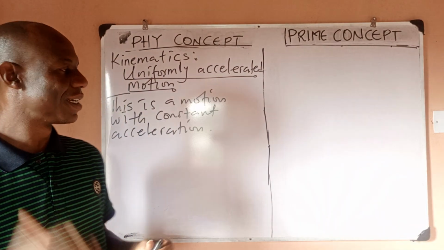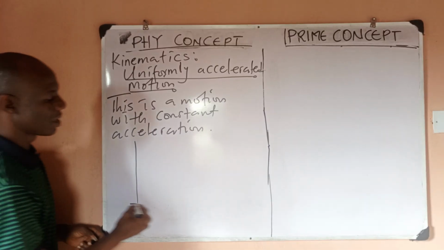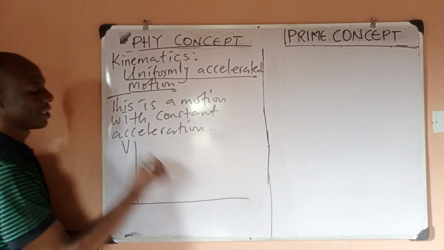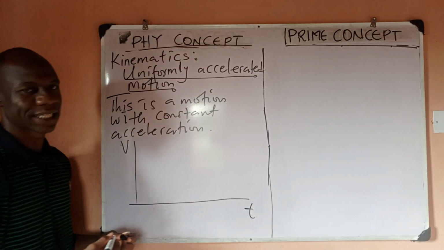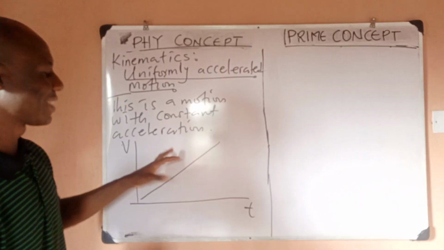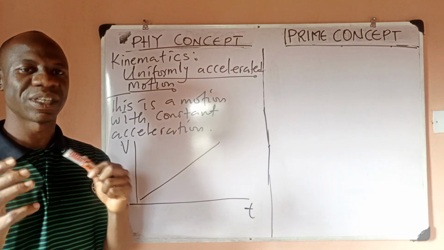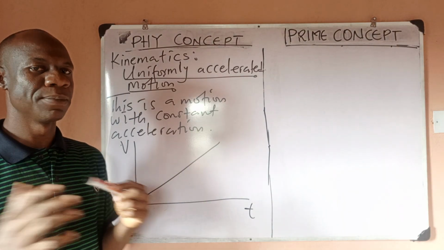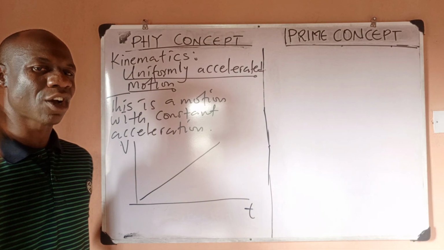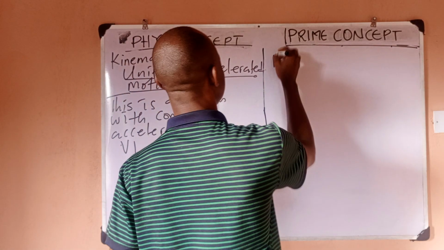This simply means that in our velocity time graph, remember our velocity time graph is a graph of velocity against time, the slope, which represents acceleration, is going to be constant. The slope of the velocity time graph will be constant.